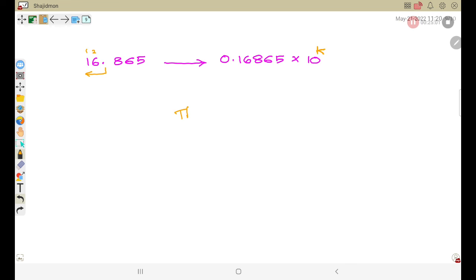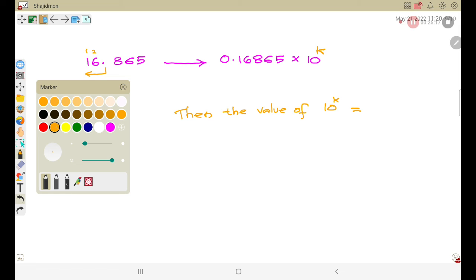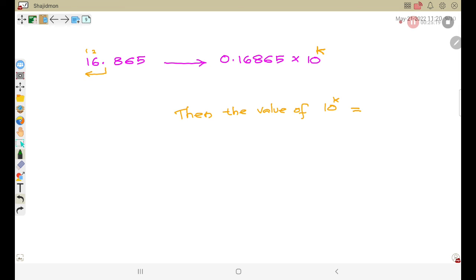Then the value of 10 power k equals, okay. So it is obvious, correct? It is easy to write. So how to do that one?